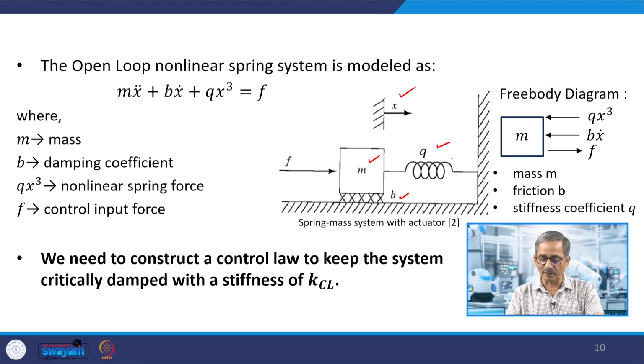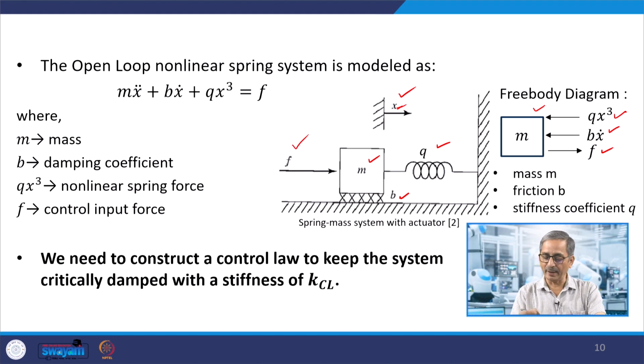Now suppose I want to control the position of this mass, say I apply a force F on this system. To analyze, I can draw a free body diagram. In this free body diagram, for a displacement x, this is the spring force, which will be opposite to the direction of displacement. This is the force of friction, modeled as viscous friction, again opposite to the direction of displacement, and this is the direction in which we want to apply a force in order to control the motion of this mass.